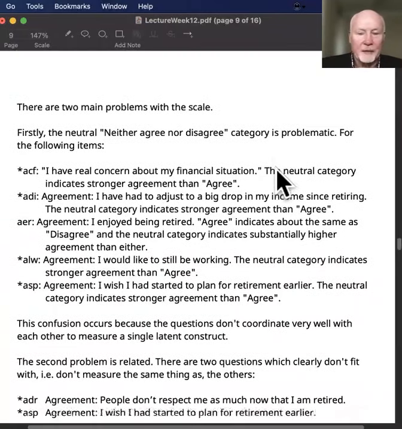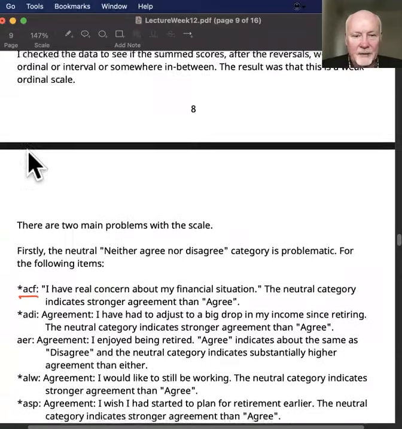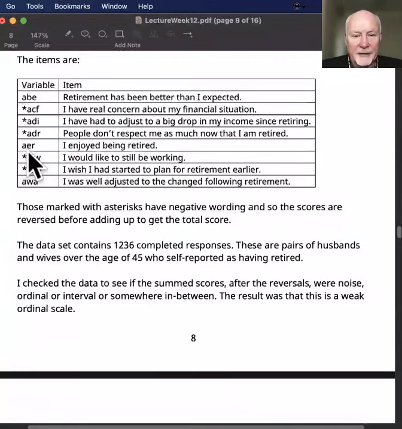So I then went on and had a look at it, broke it down to these actual levels of strongly disagree, neutral, and so on. And here's what I found. So these things here are the names of the variables. So they're these names here. Okay.